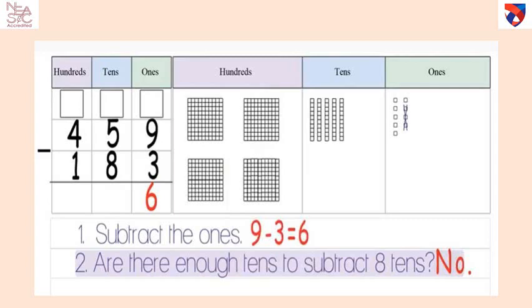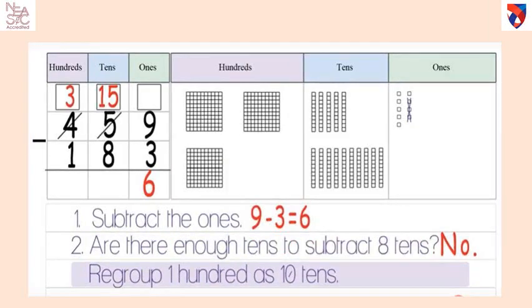The 100, once it moves to the tens value chart, will be changed into 10 tens. So I already have 5 tens, and then plus 10 tens will be 15 tens. So I regrouped hundreds and I have now 15 minus 8, which is 7.